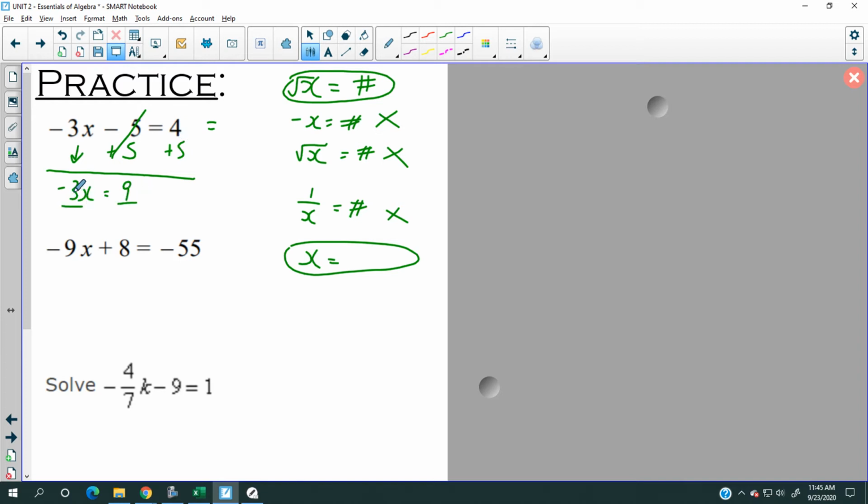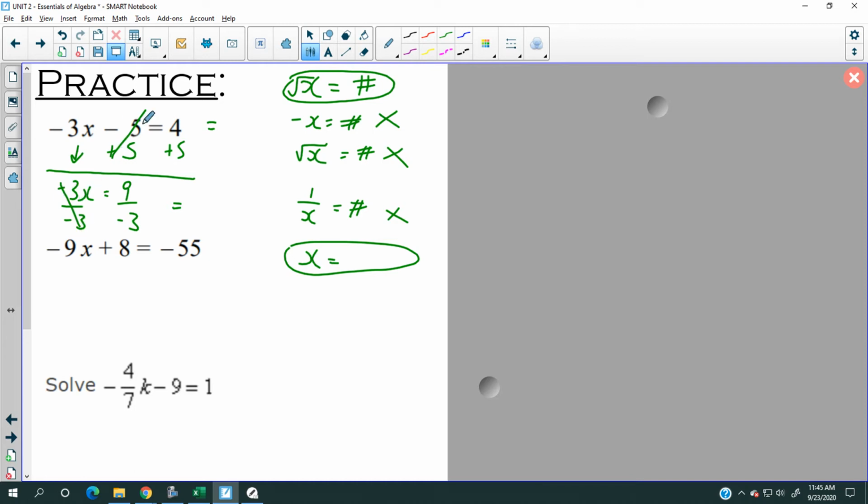So we divide, because this is multiplication: negative 3 times x. What's the opposite of multiplication? Division. So what do we divide by? The coefficient. You see why we had to learn those definitions? So negative 3 divided by negative 3, what would that be? 1. Anything over itself is 1. This is also canceling out.